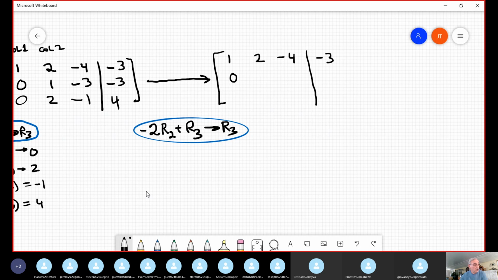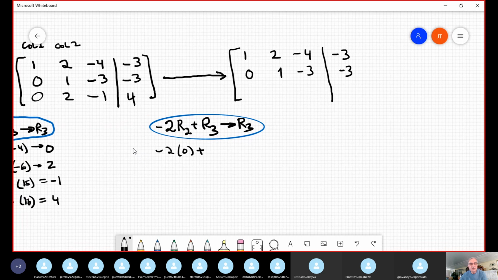Well, I use it, but I don't override it. Okay, 1, -3, and -3. So basically it's 0, row 2, 0 times -2 plus row 3, which row 3 is 0, no? It's 0. Look at that. It's 0. It's obvious that it's 0. I like that because the 0 I created in the last step doesn't change.